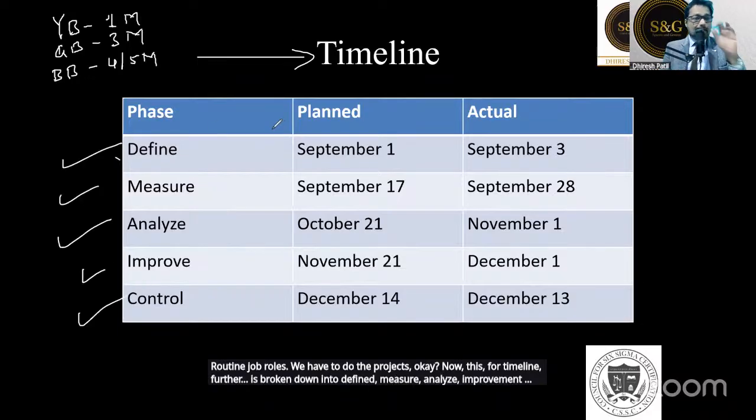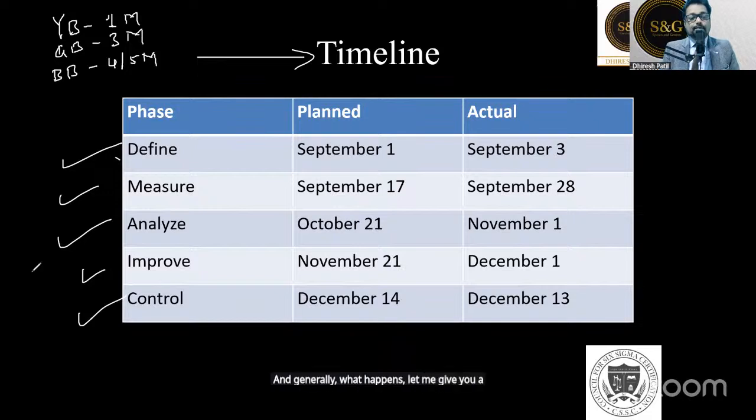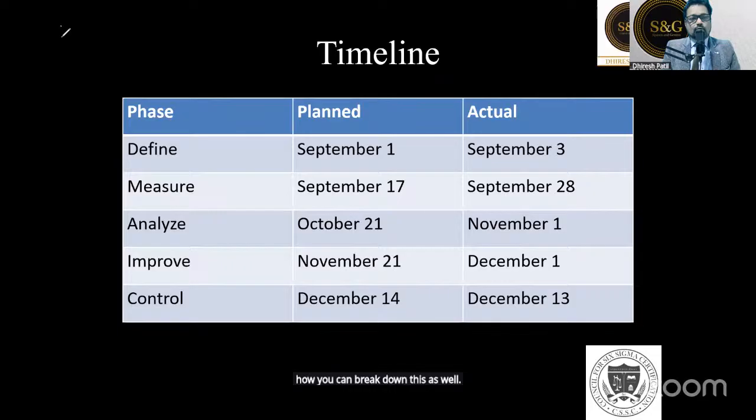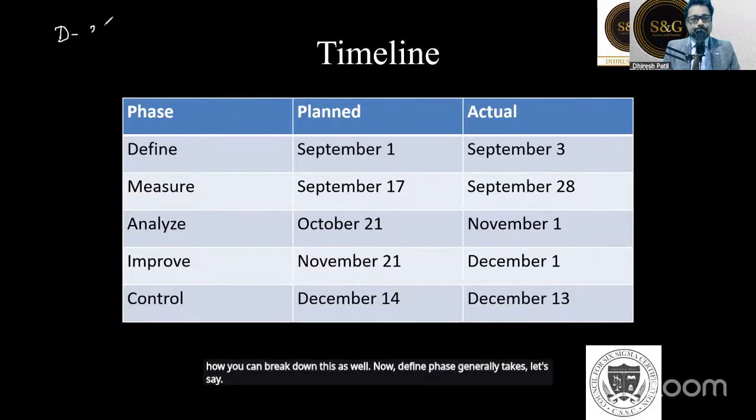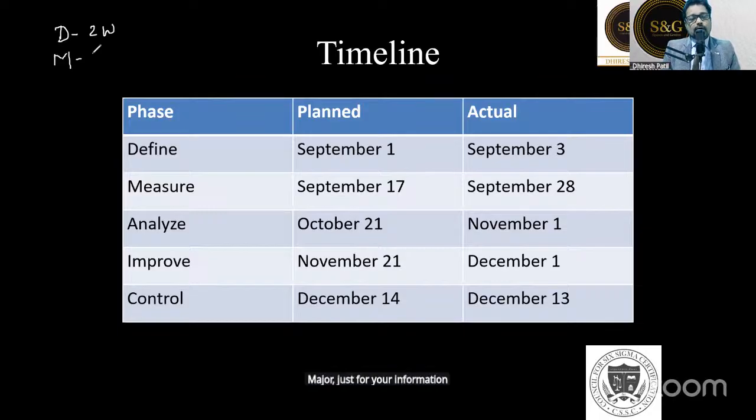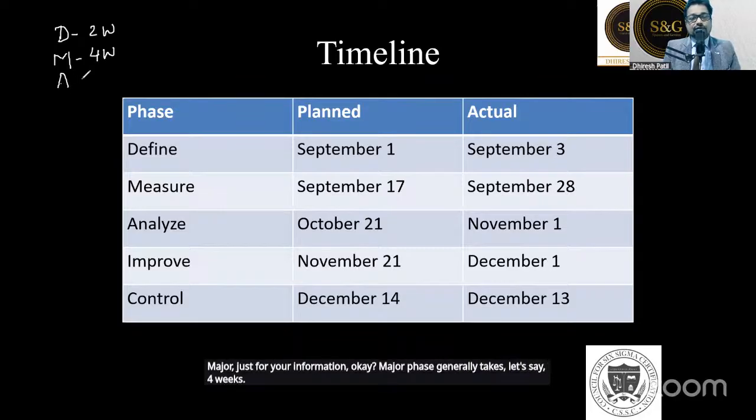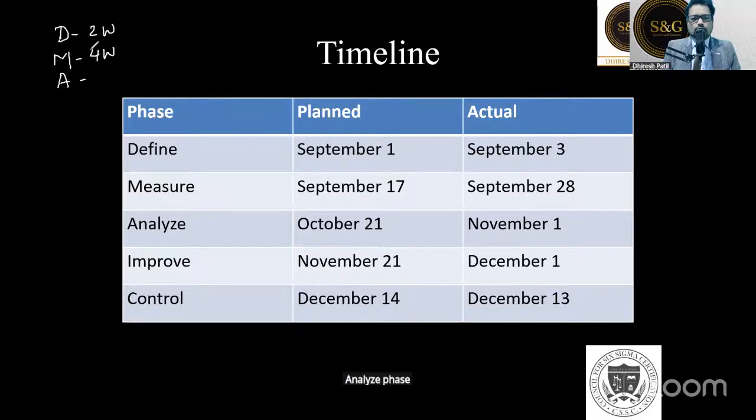Generally, let me give you a quick breakup of how you can break this down. The define phase generally takes, let's say, 2 weeks. The measure phase generally takes, let's say, 4 weeks. I'm talking about the green belt.